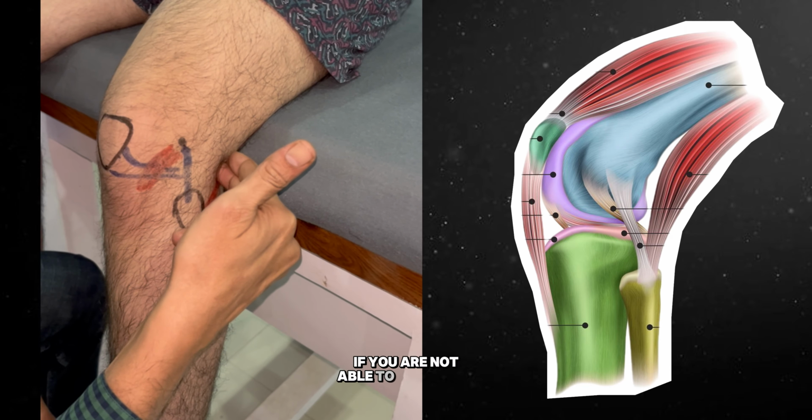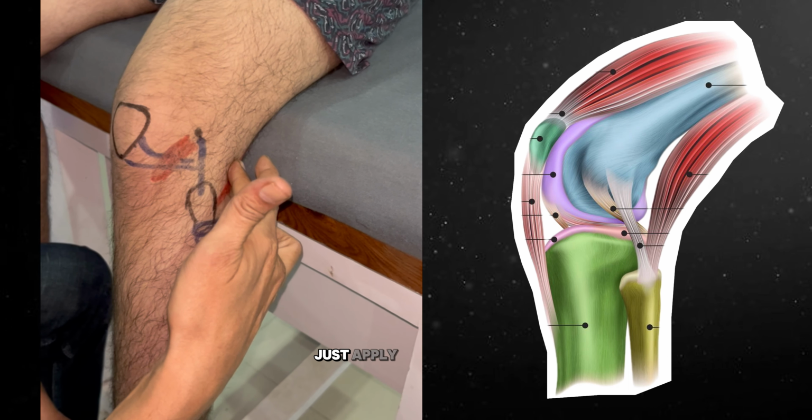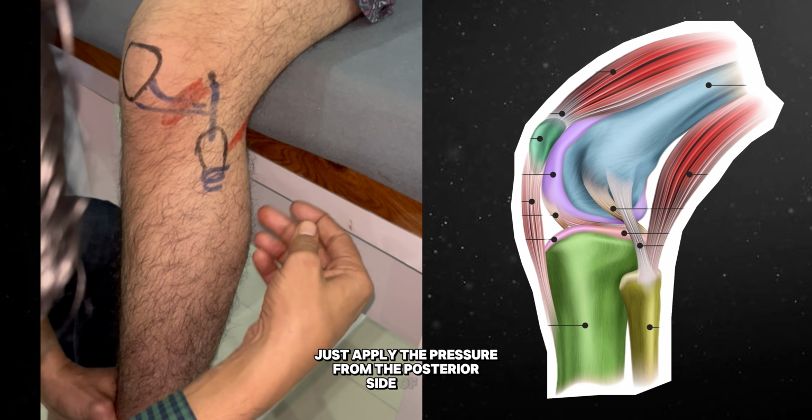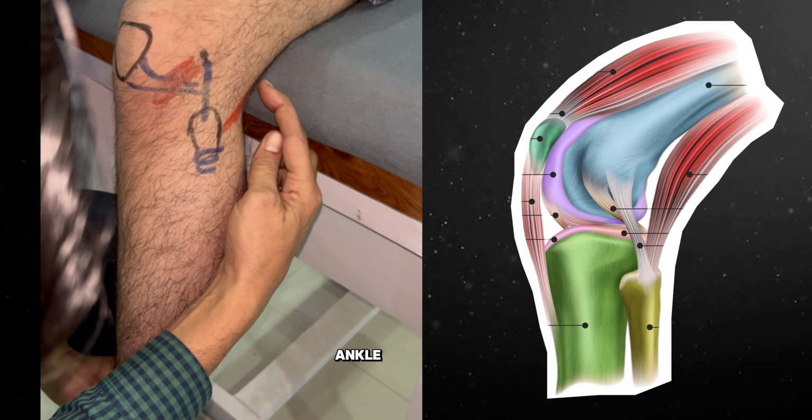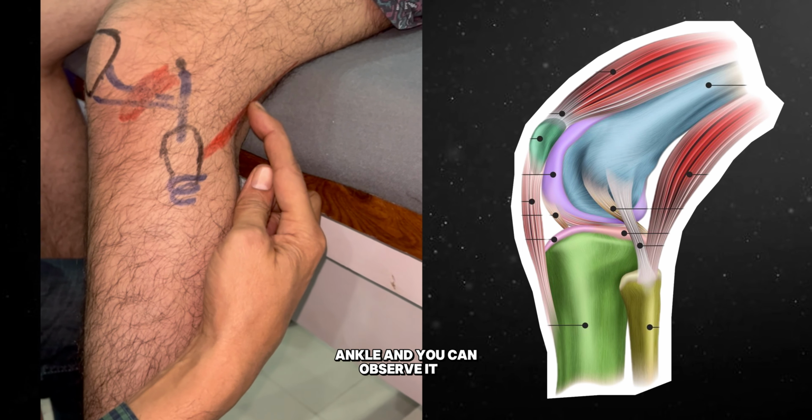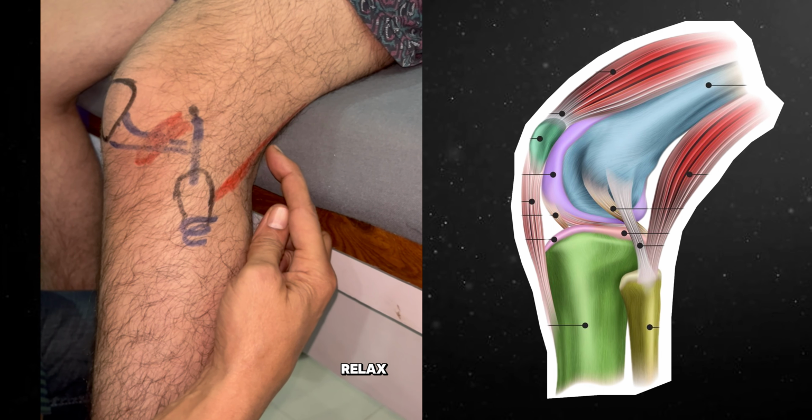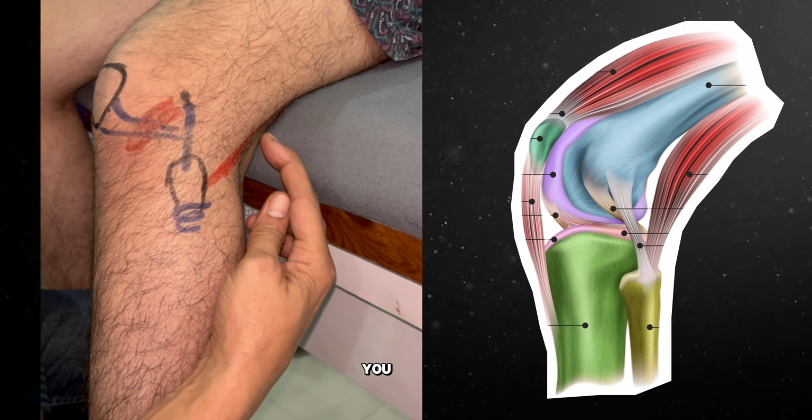If you are not able to identify it, then apply pressure from the posterior side of the ankle and you can observe it is getting prominent. Relax, again do it, you can see.